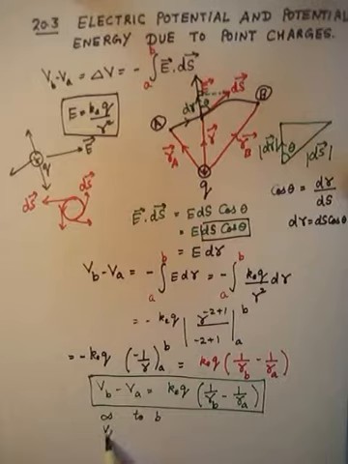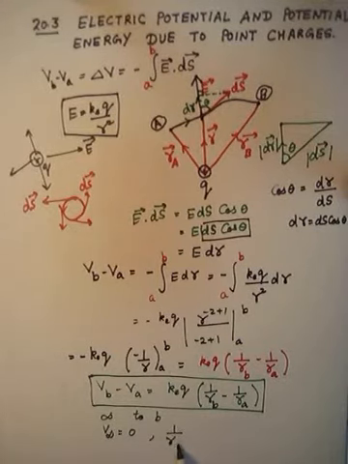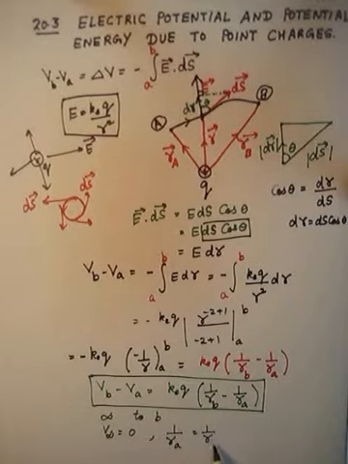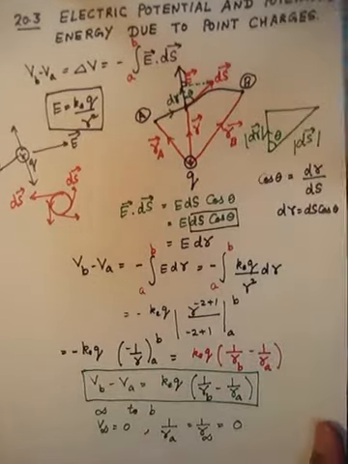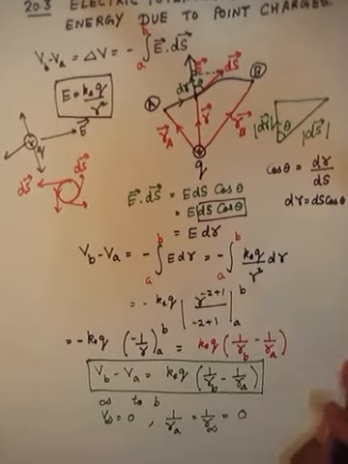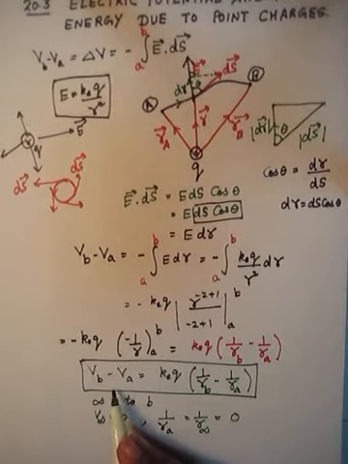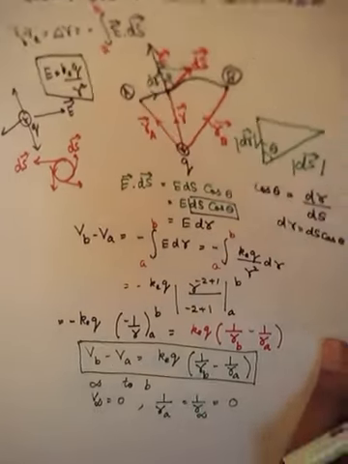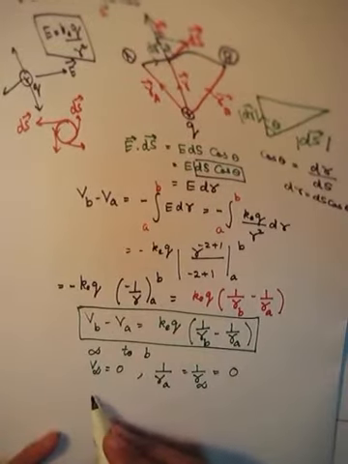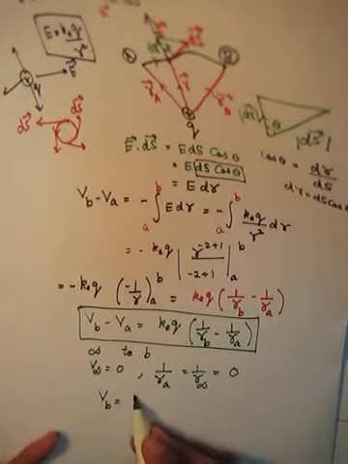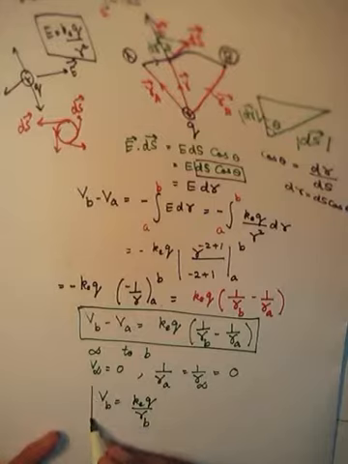So V infinity will be equal to 0, and 1 upon RA will be 1 upon R infinity, which will also be equal to 0. So you're moving from an infinite distance to point B. Then this equation will turn out to be Vp will be equal to KEQ upon RB.